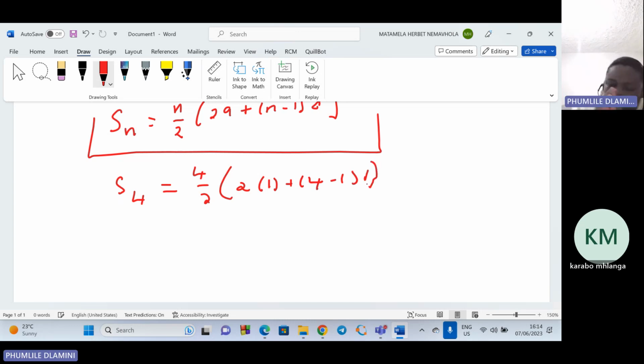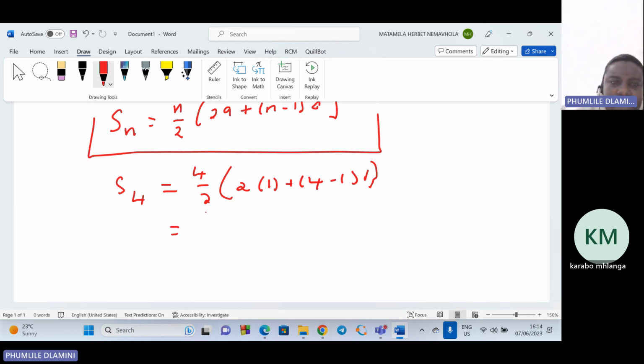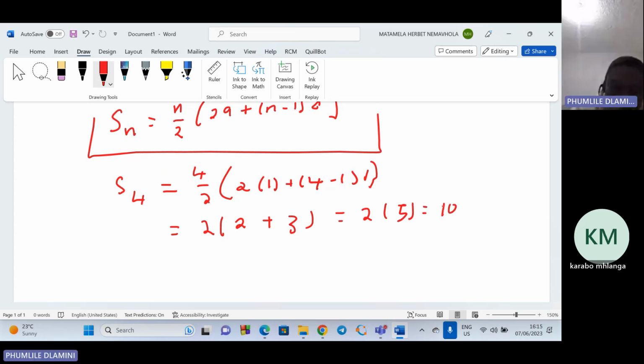When you use this formula, 4 divided by 2 is 2, over which is 2 plus 3, 4 minus 1 is going to give us 3. So the answer will end up being 2 in brackets 3 plus 2, which is 5, which equals 10. So you will see that we got 10.